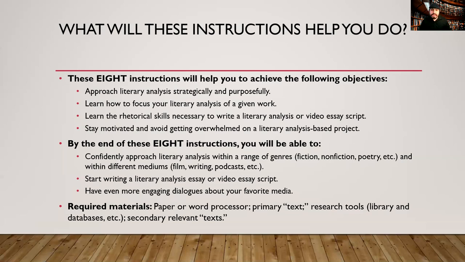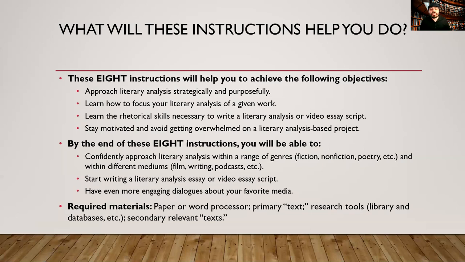And so for the required materials that you need for this, you really don't need much. You just need a piece of paper or word processor to take notes and start getting your ideas down and start writing. You need the primary text, whatever that is you're working with. So if you have been assigned a short story for class or assigned to analyze a certain kind of film, those are the primary texts you're going to need to have handy.